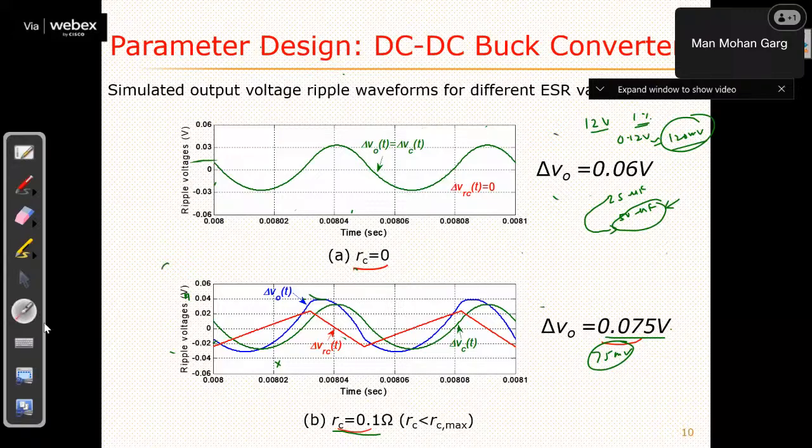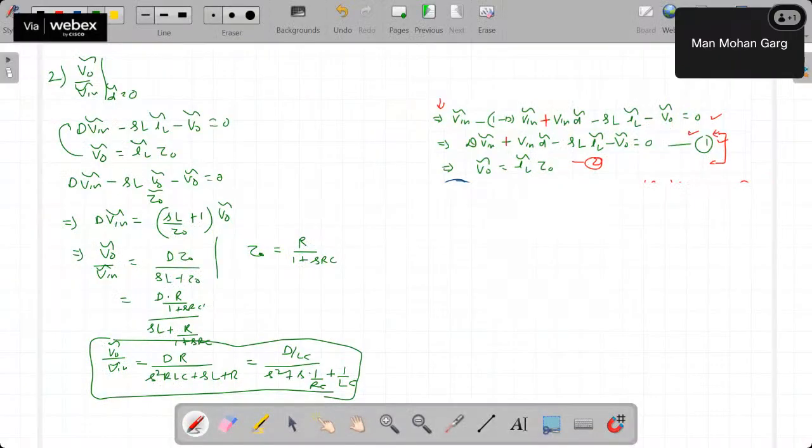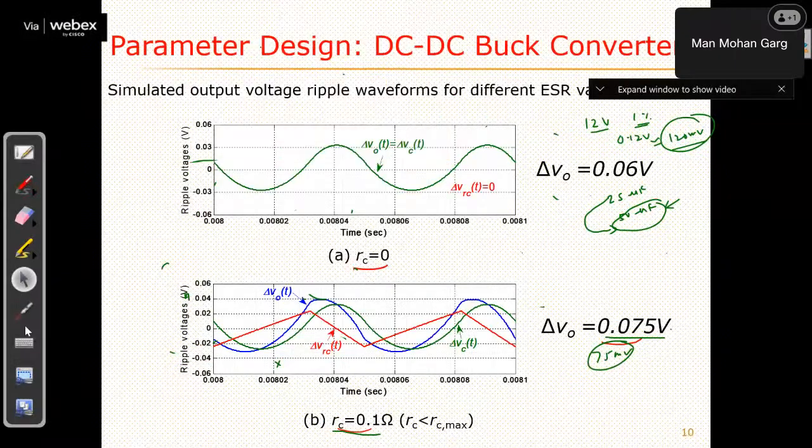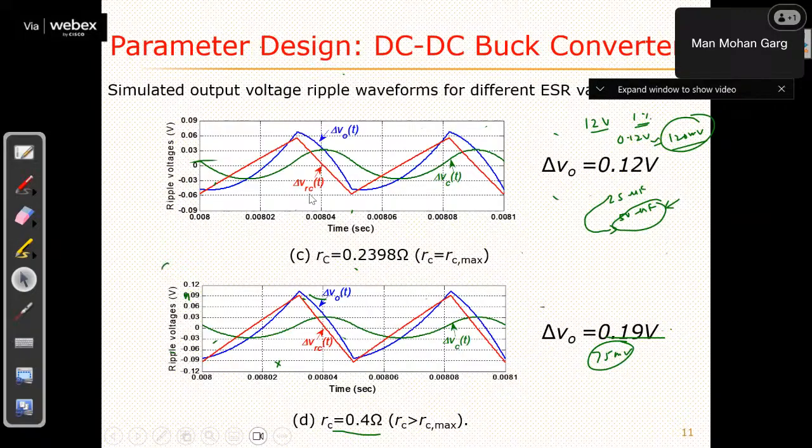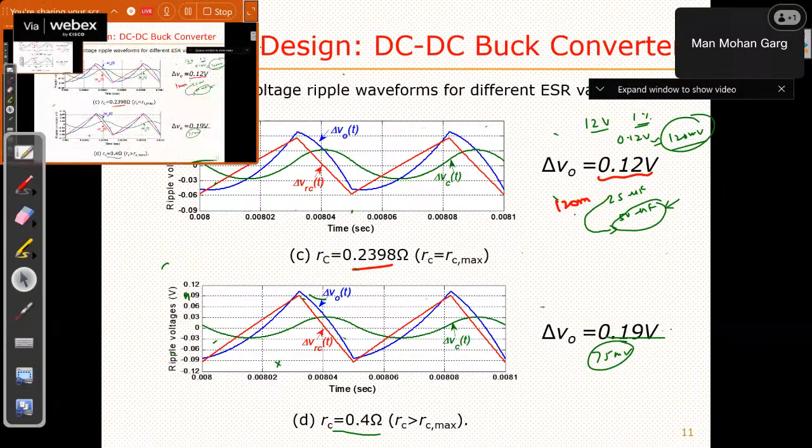Now, if I keep on increasing this ESR value, and let's say I reach this value 0.2398, which is my maximum value, then what ripple am I getting? 0.12 volt. That is 120 millivolt.